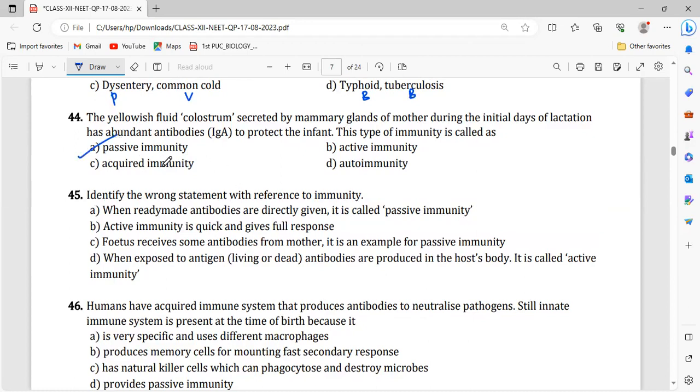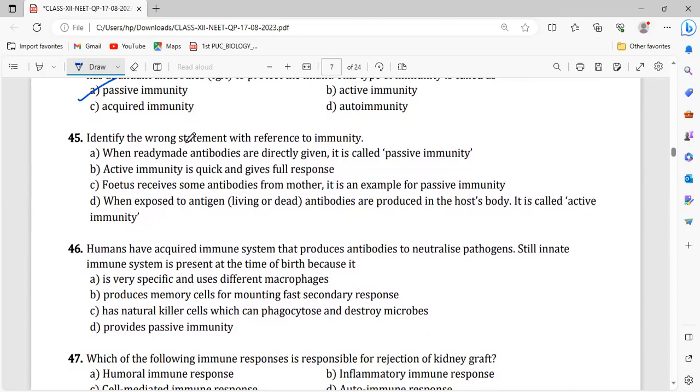Passive immunity comes under acquired immunity. You may think that active acquired immunity can also be happening, but passive immunity is more appropriate for this particular scenario.